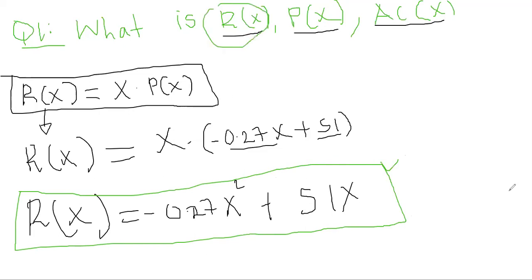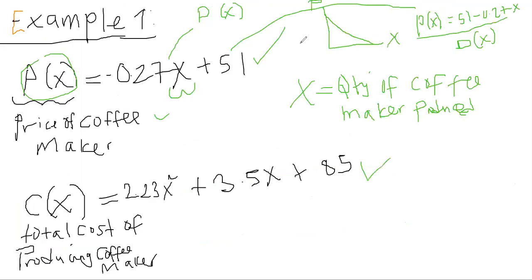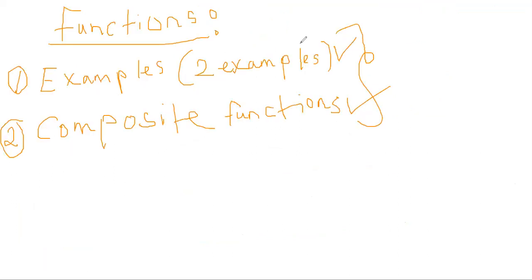So next we have to calculate our profit function. And we all know the formula for profit, this is profit function, not price, please, is equal to what? Total revenue that we just computed minus cost. One thing I think it's important we take note of when it comes to the cost function is this.